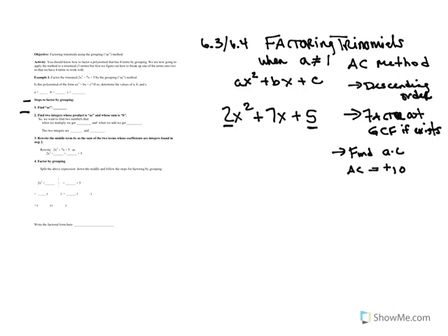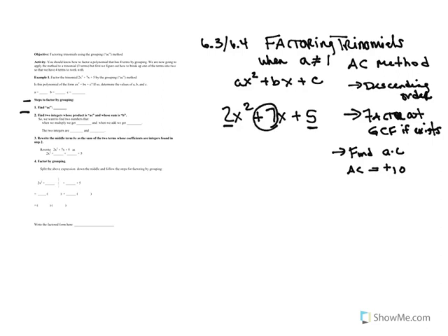Now we revert back to the same process we used for 6.2, when we were factoring regular trinomials when the A is equal to 1. What did we do then? We took the factors of the C term and looked for factors of C that can add or subtract to create the B term, the one in the middle.